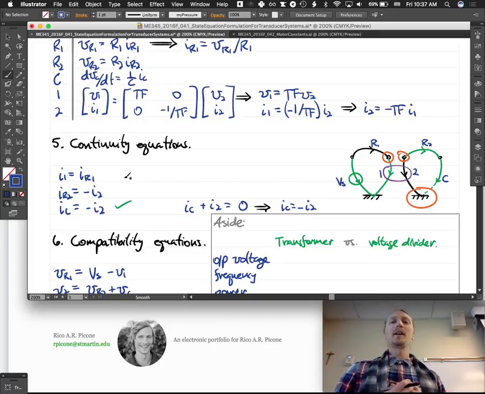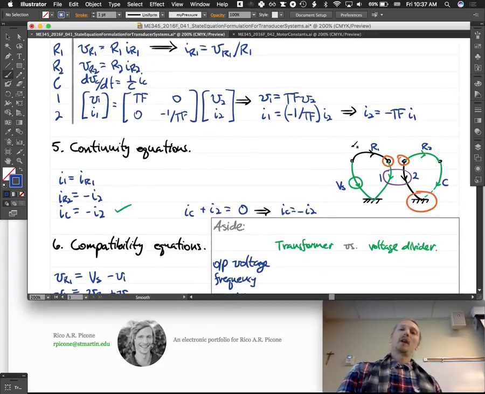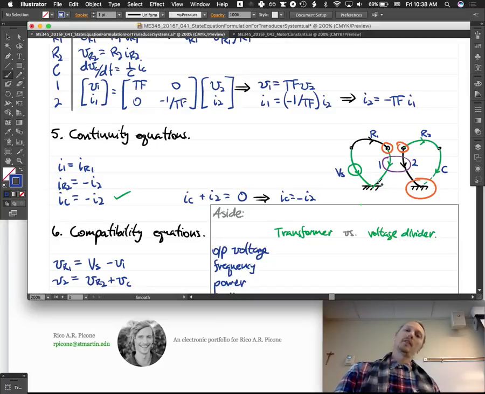So continuity equations are next up, right? We'd use the same exact process to find the continuity equations. Nothing is new here. I redrew our linear graph here in our normal tree.